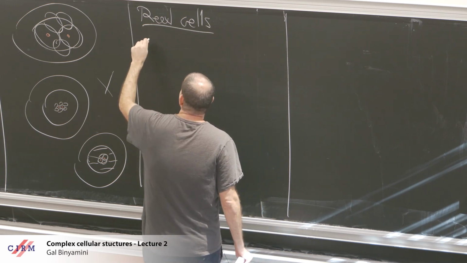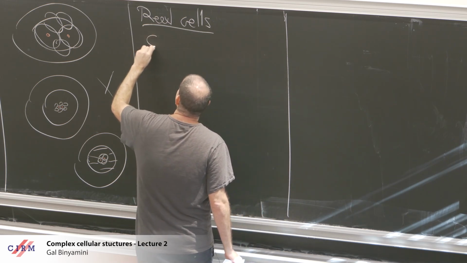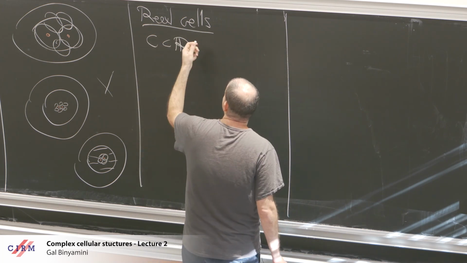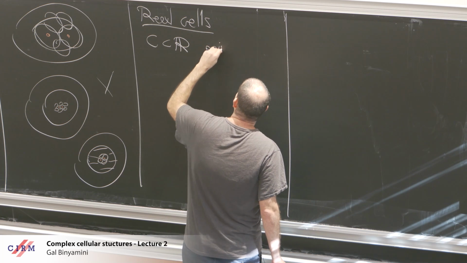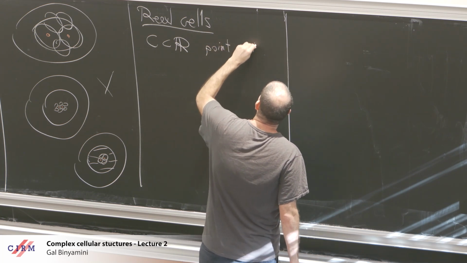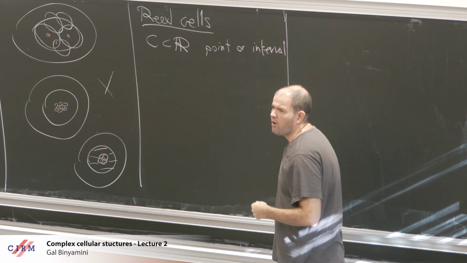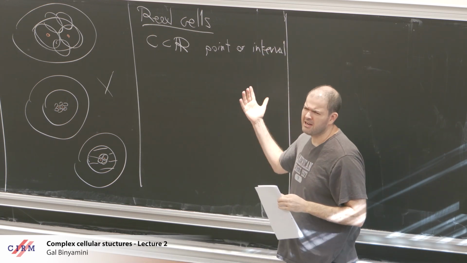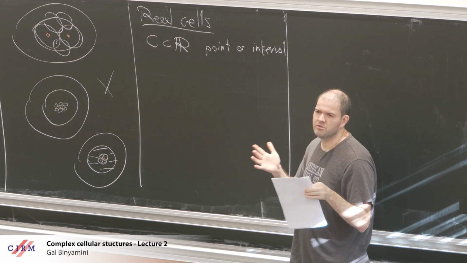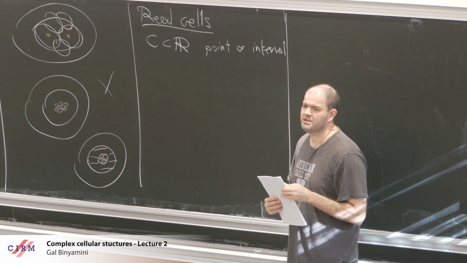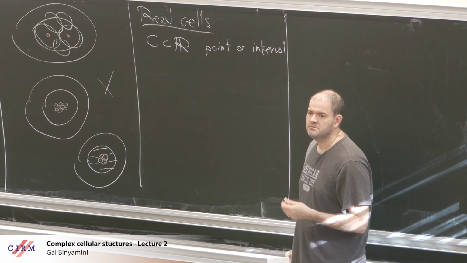So a real cell, let's say C in R, is just a point or an interval. You can think about open intervals. Usually in o-minimality people talk about any interval, open or closed, but for me, you might as well think of a point or an interval. And then what is a cell in higher dimension?